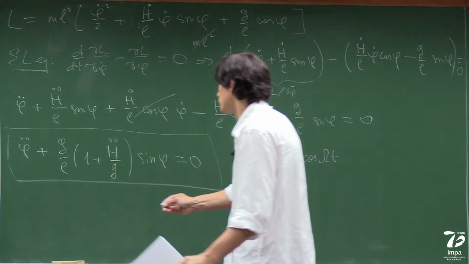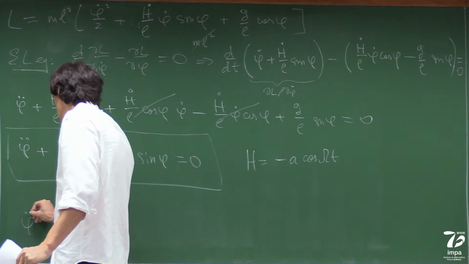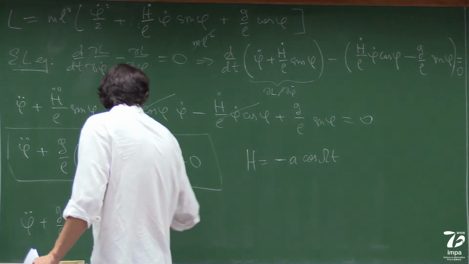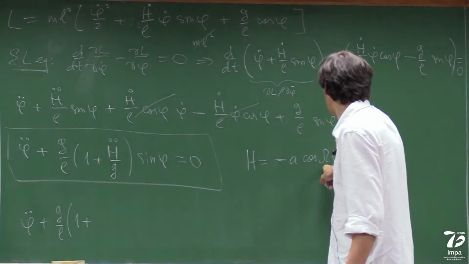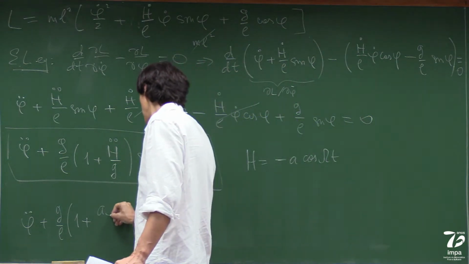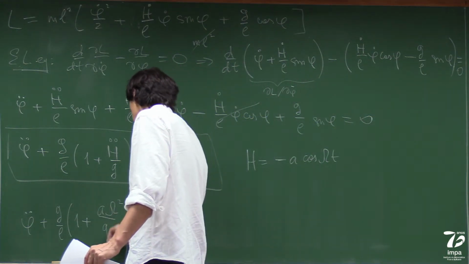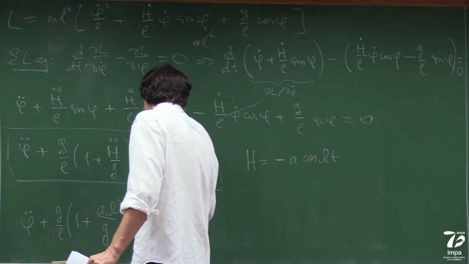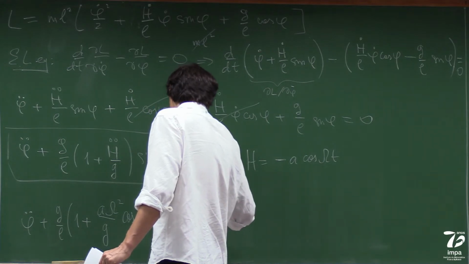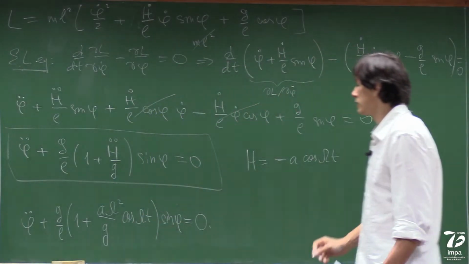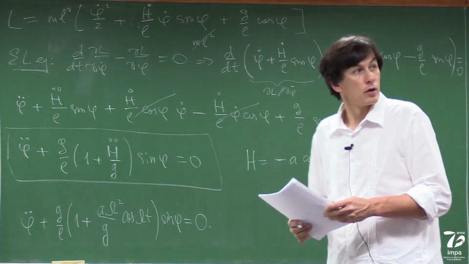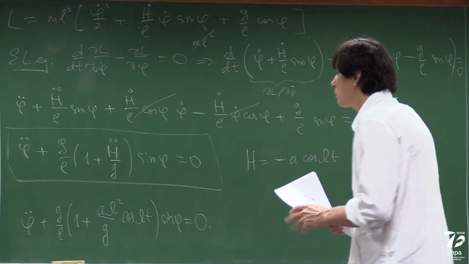Then you get the equation psi double dot plus g over L, 1 plus, and here there will be the second derivative, so it will be omega squared a, changing the sign. So it will be plus a omega squared over g cosine omega t, times sine psi equals 0. So that's a particular case of a periodically moving support.